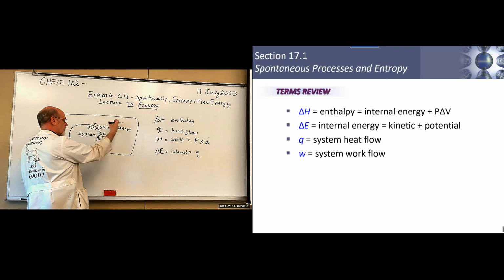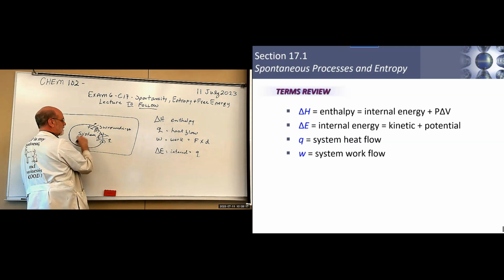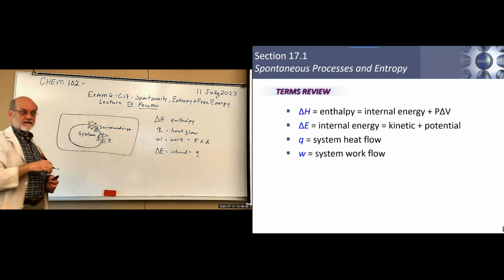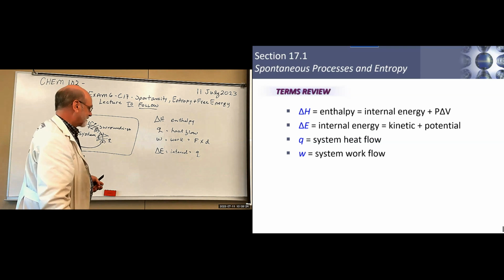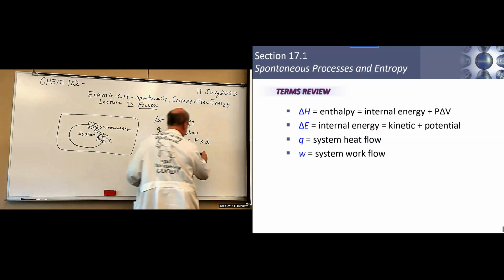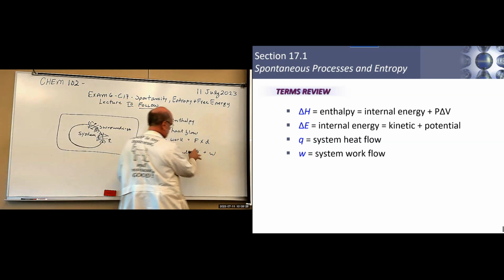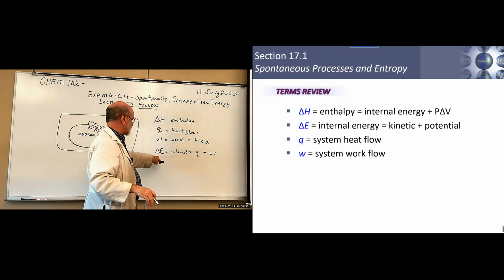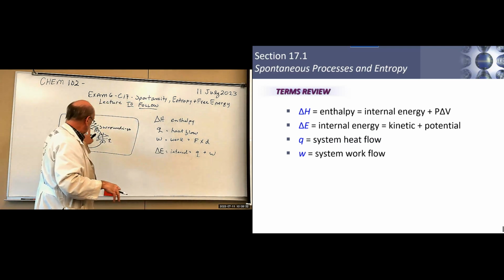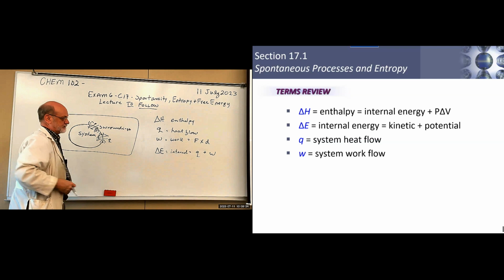If work is done by the surroundings on the system, it's a positive value. And if the system does work on the surroundings, it's a negative value. Okay. All right. So if we add those values together, Q plus W, that's an expression of any change in internal energy for the system.